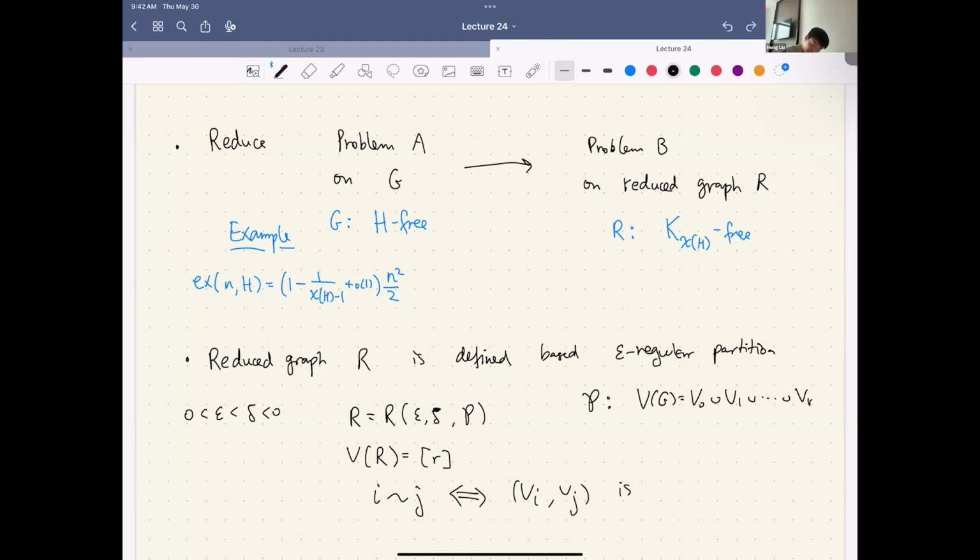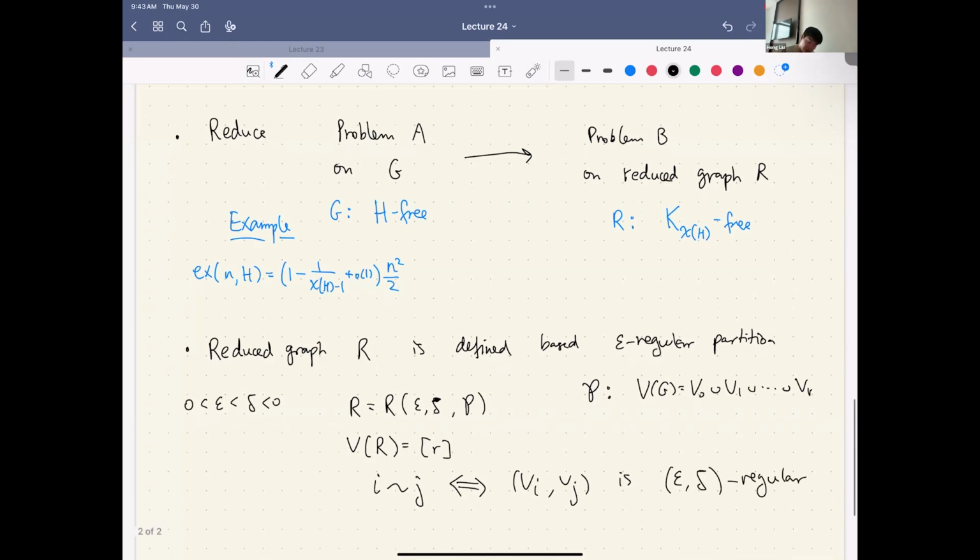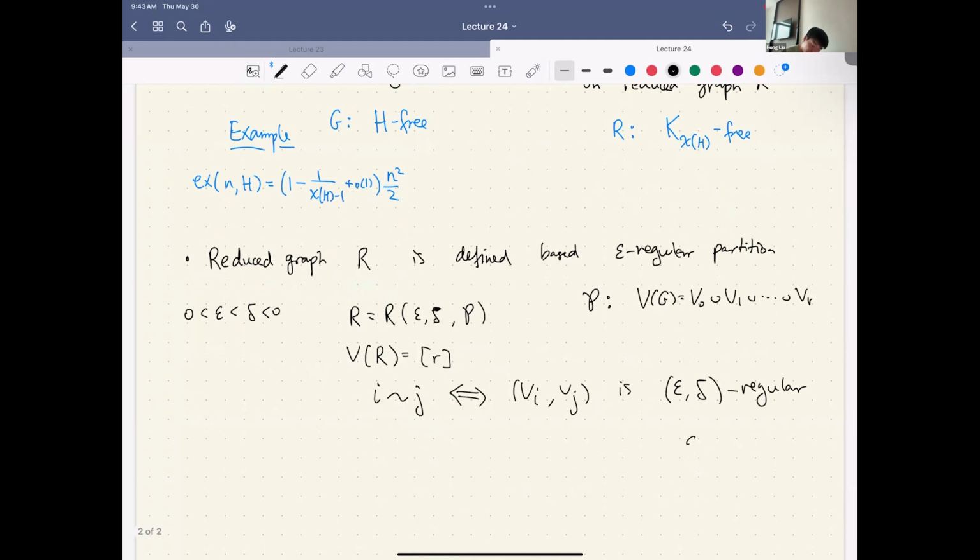We had this notation last time: epsilon-delta regular, meaning it's epsilon regular and the density d(V_i, V_j) is bigger than delta. Remember?